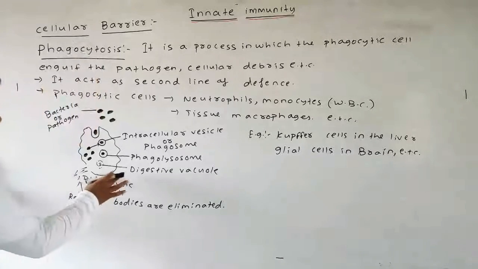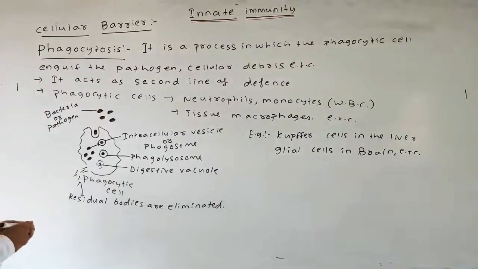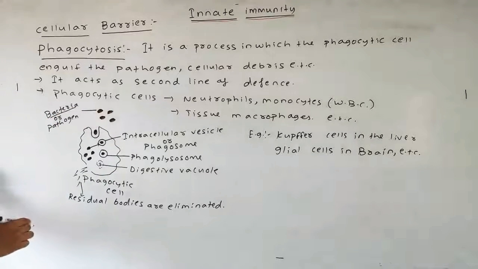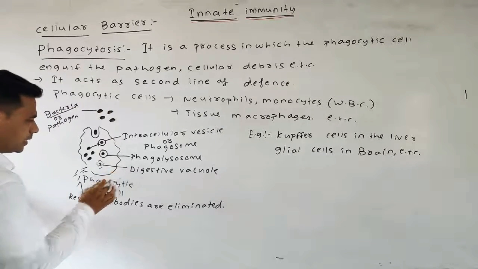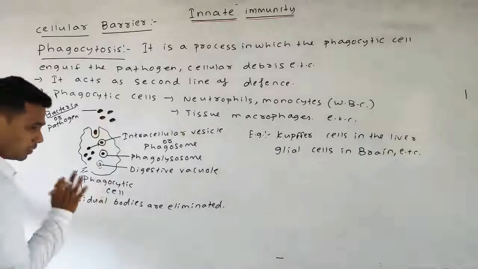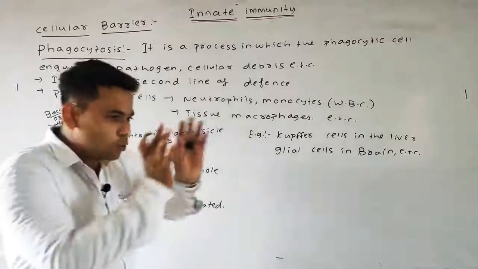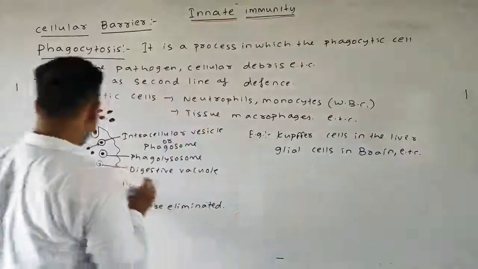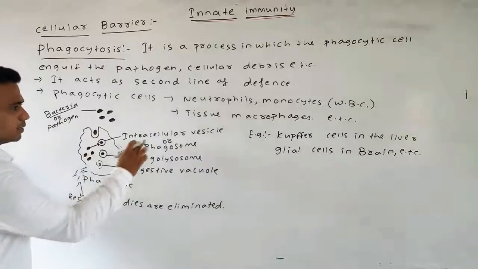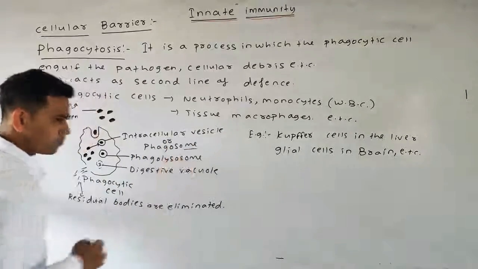Suppose this is your phagocytic cell, and whenever the pathogen, here we have taken the bacteria, enters into our body, the phagocytic cell gets activated, goes near the bacteria, and engulfs the bacteria or the pathogen, forming the intracellular vesicle or the phagosome.